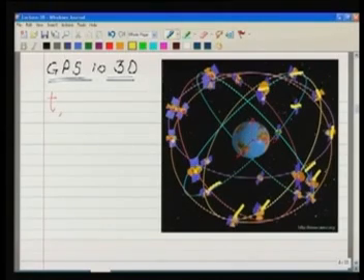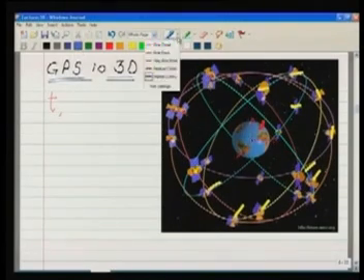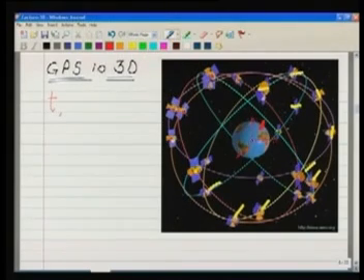If we have a receiver here on the surface of the earth, this receiver is now measuring distances. It is measuring the distance from satellite number 1, 2, 3, 4 and so on.